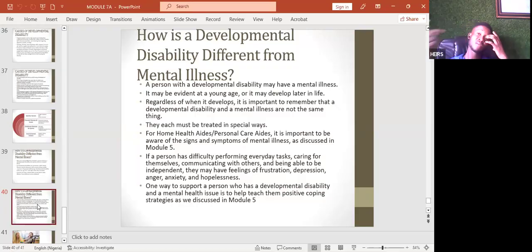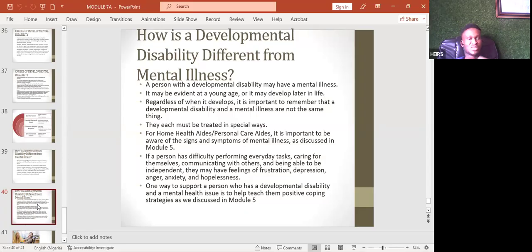A child may develop a disability at birth, or maybe at age 2 we notice that this boy or girl is developmentally disabled, and at 15 or at 20, he develops mental illness as well. So they are not the same thing, and the way we handle them is also not the same.